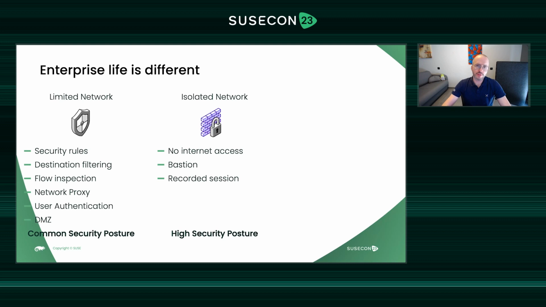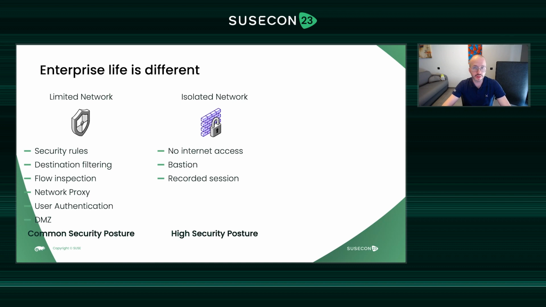Let's look at the second use case. We talk about enterprise, where we have limited network access, but the more serious companies implement pretty complex scenarios to improve security. We can find some isolated network use cases where the apps have no internet access.